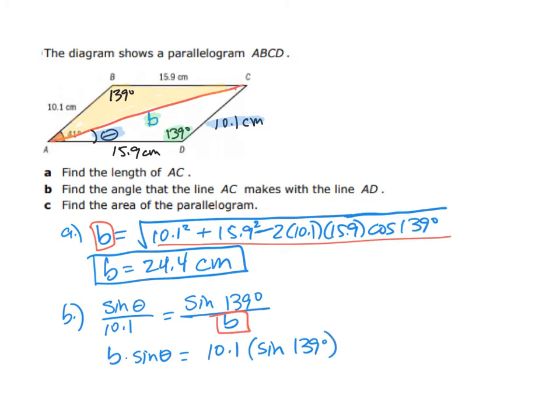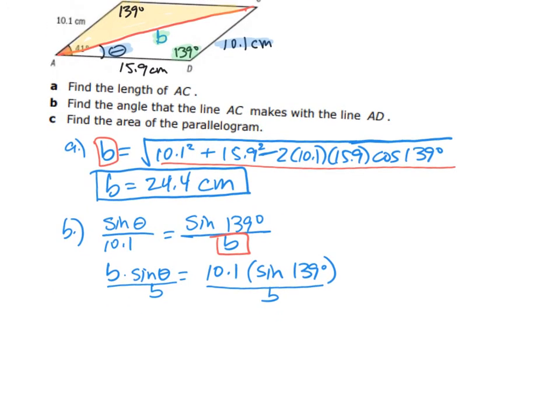We will divide both sides by b, and then we'll get that the sine of theta is equal to 10.1 times sine of 139 degrees, all divided by b. And again, remember, b is a constant.